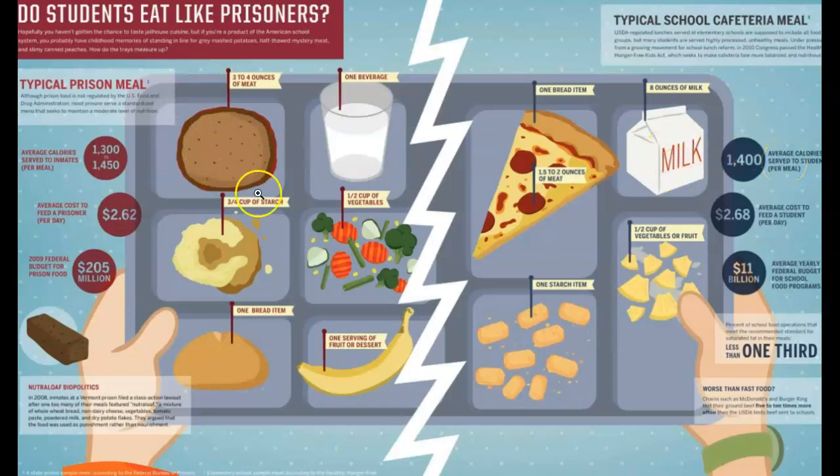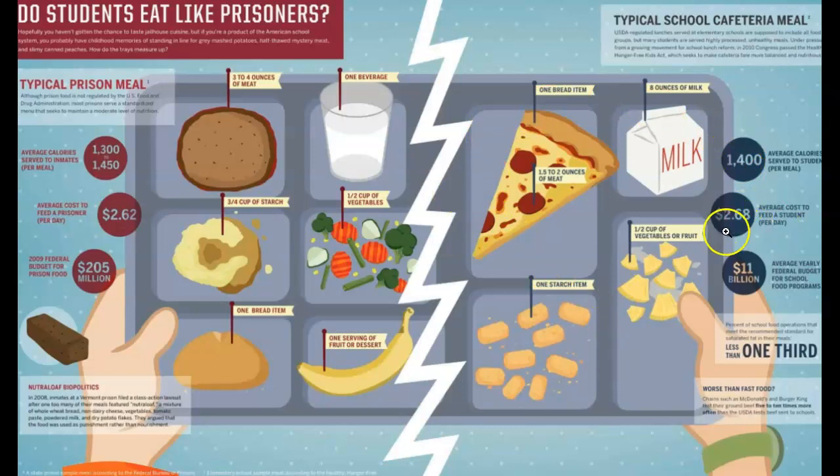Prisoners have this many calories per meal, students have this many calories per meal, very close. And then I would explain that. So even though the contents of their food tray may be quite different, the calorie amount is about the same.